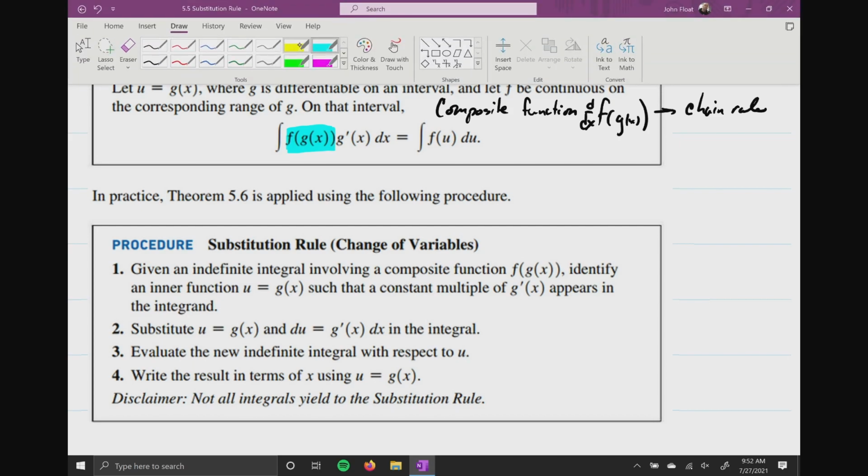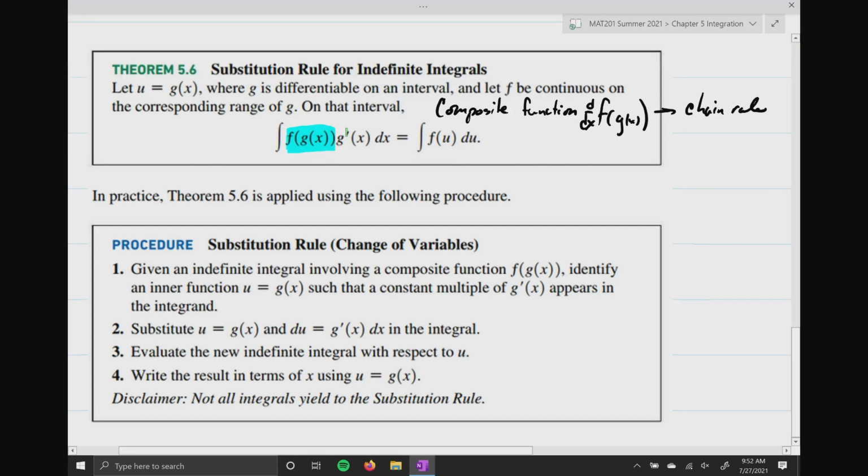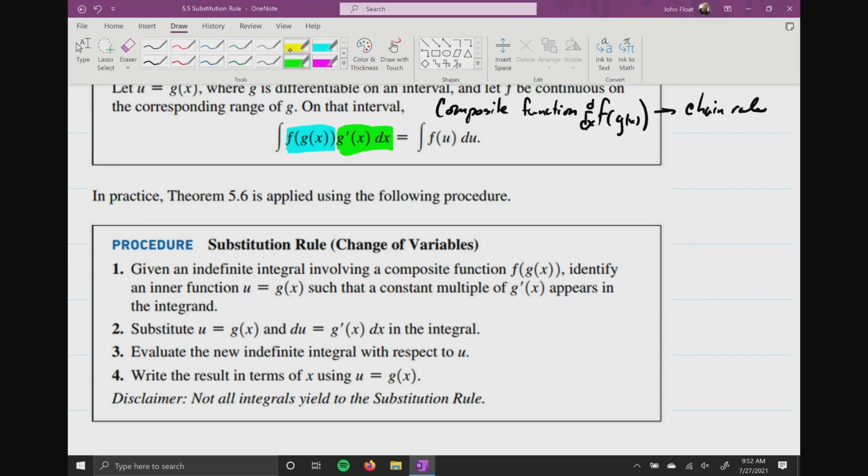And then right here in green, well, that is the derivative of the inside function. So the substitution rule allows us to integrate the chain rule, basically. And what we're going to do is we need to be able to find what that inside function is. So you're going to let g of x equal u.